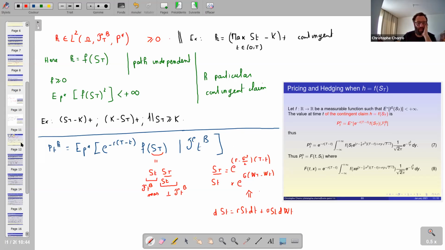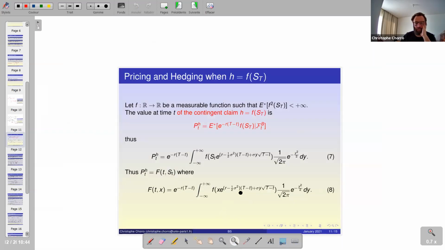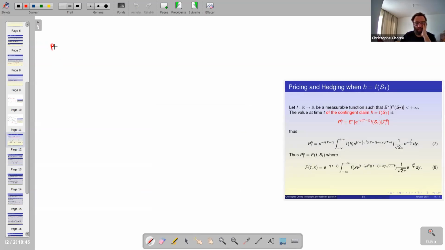I am able to say that P_t of H is a function of the time and of the F_t measurable part, S_t, where F_t of x is something that I will call the price function.